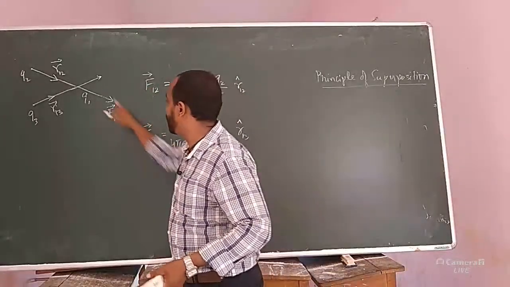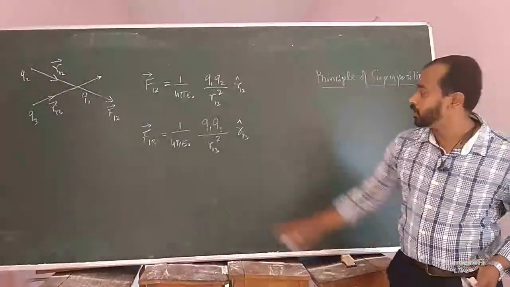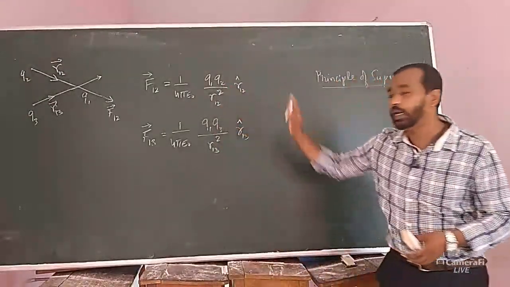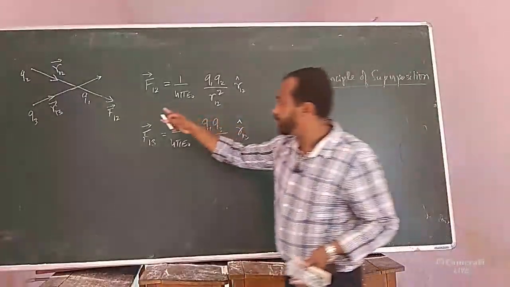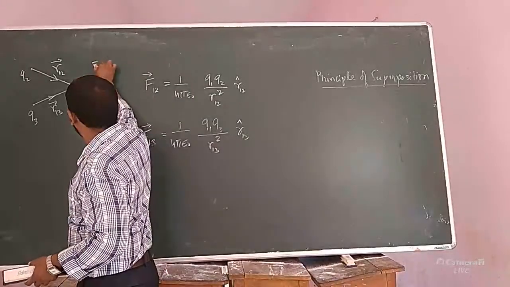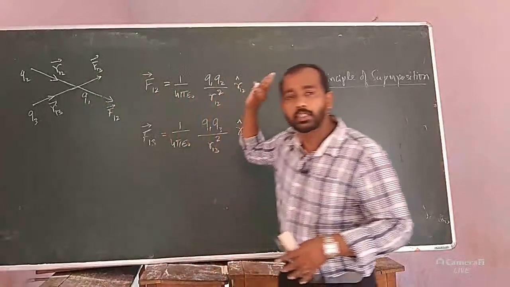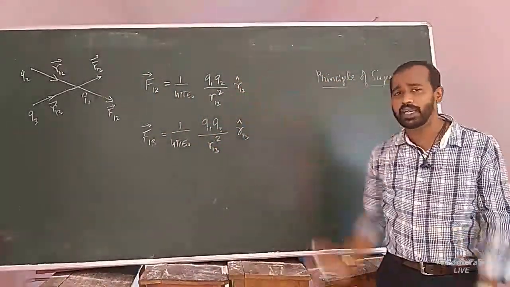This F12 and F13 are not necessarily equal, because the distance may not be the same and these two charges may not be equal. So therefore, these forces F13 and F12 may not be equal. So it is better to draw the two arrows of different lengths here.